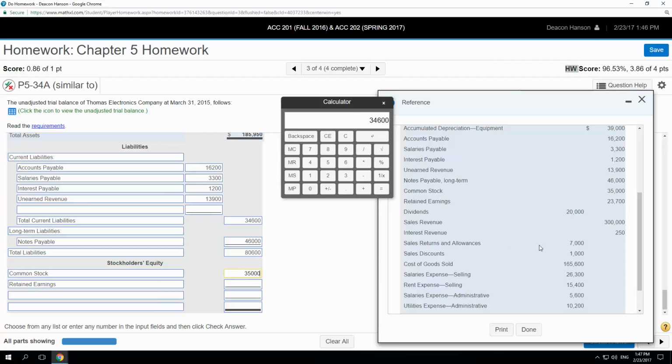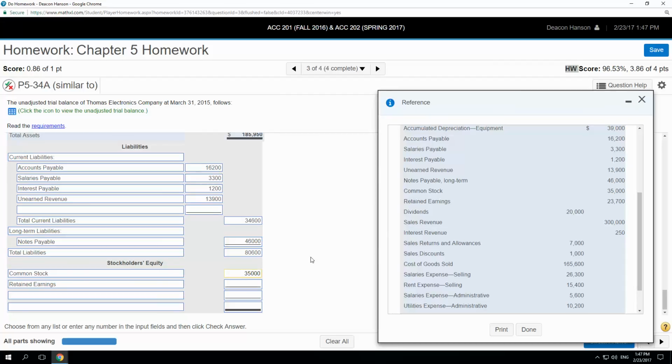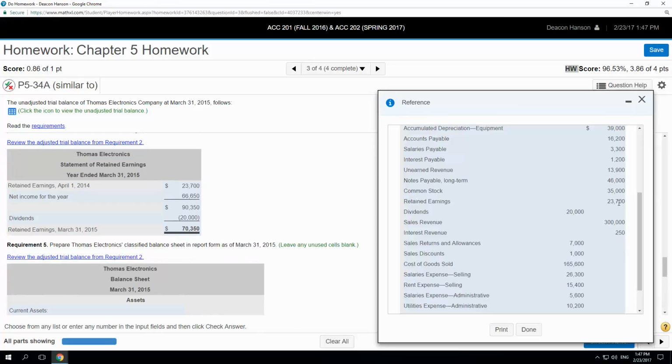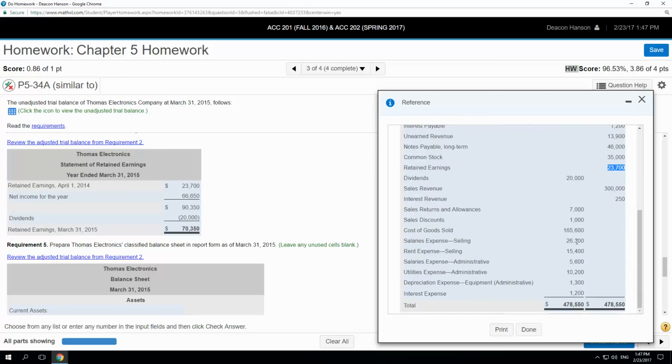Now this is where we could make a mistake, right? Remember, we're going to pull the retained earnings from the retained earnings statement, not from this trial balance, because this is not our ending retained earnings. The reason we know that is because we still have all of these other things below it, dividends, sales revenue, and expenses, that through closing entries get rolled up into retained earnings.